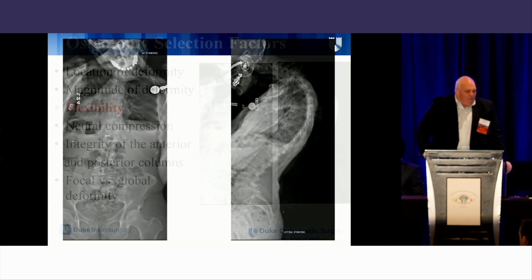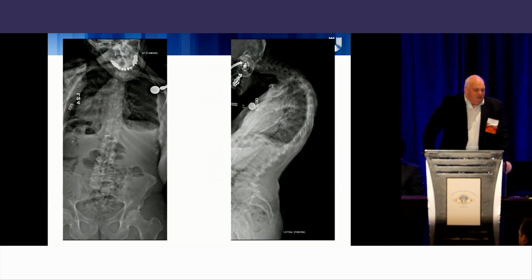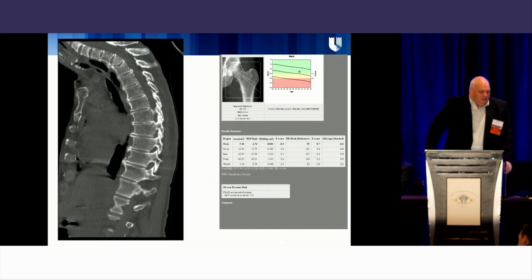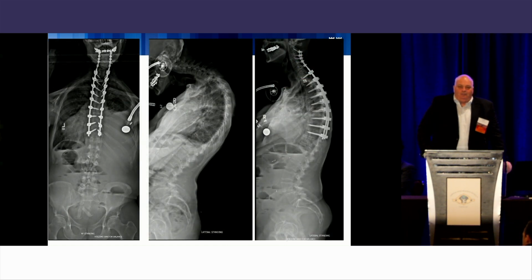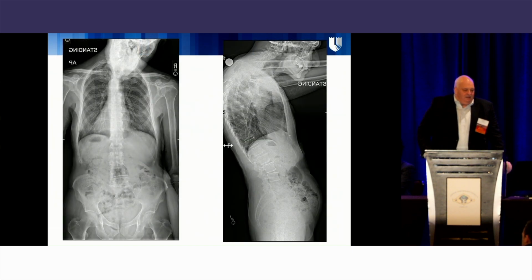You want to understand the flexibility. Again, here's another rigid deformity, mostly at the cervicothoracic junction. Because of this, I did an upper thoracic 3-column osteotomy to correct the deformity.